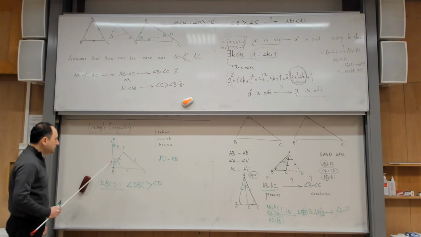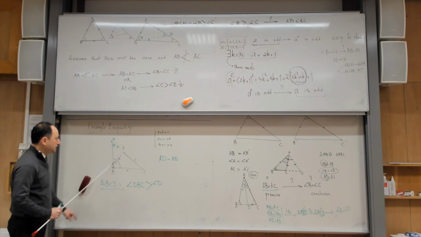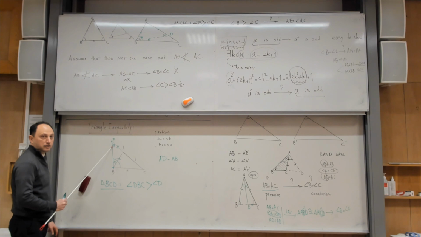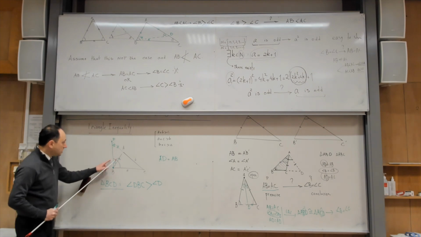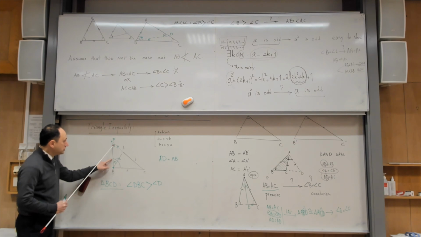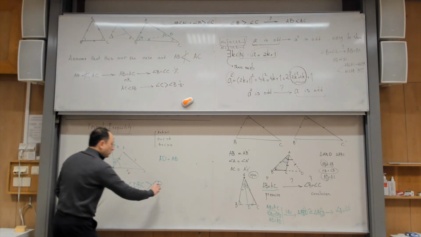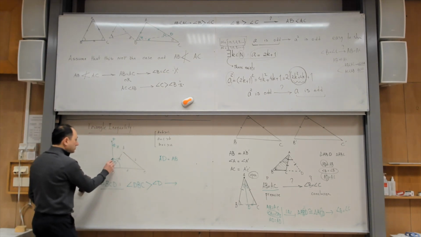Now look at the bigger triangle. Momentarily forget about this middle line. In this bigger triangle, you have one angle larger than the other angle. So it means the side opposite to the bigger angle is also larger than the side opposite to the smaller angle. Yes or no?